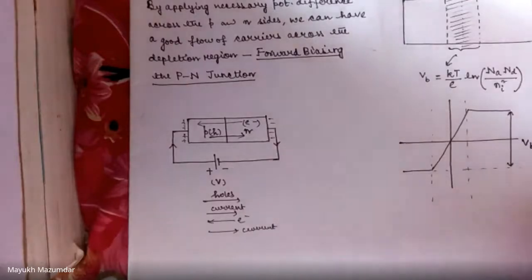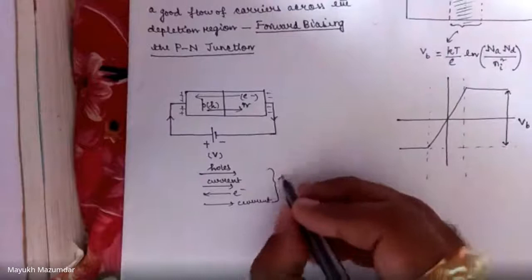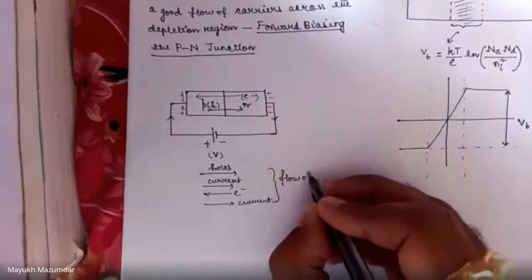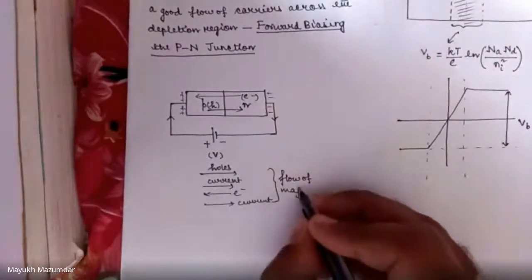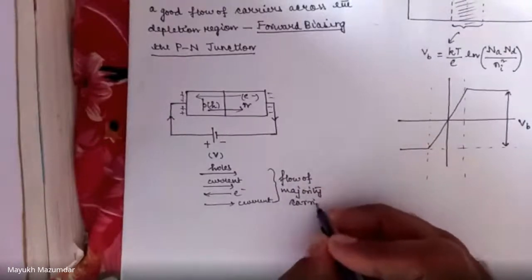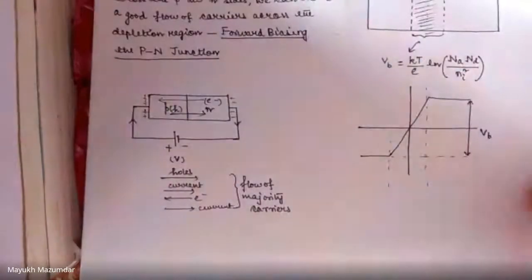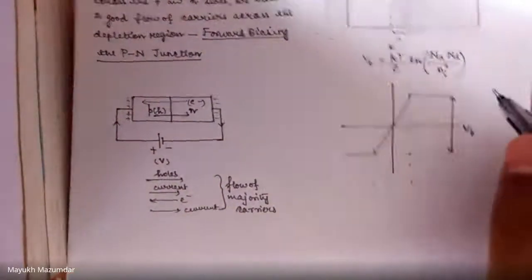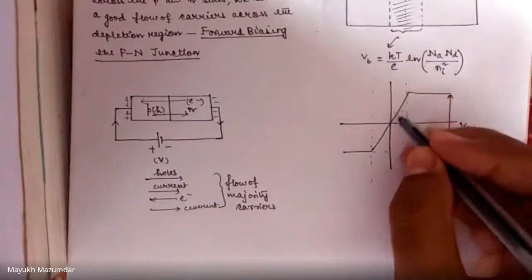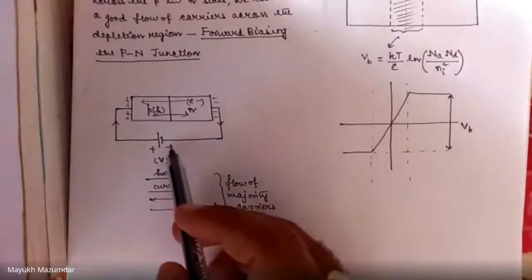When I'm talking about these flows, I'm mainly talking about the flow of the majority carriers. The minority carriers don't care much. They would be flowing like in the open circuit condition. That is, if a minority carrier is here, it will flow, and the direction of flow of minority carriers is opposite to that of the majority carriers.